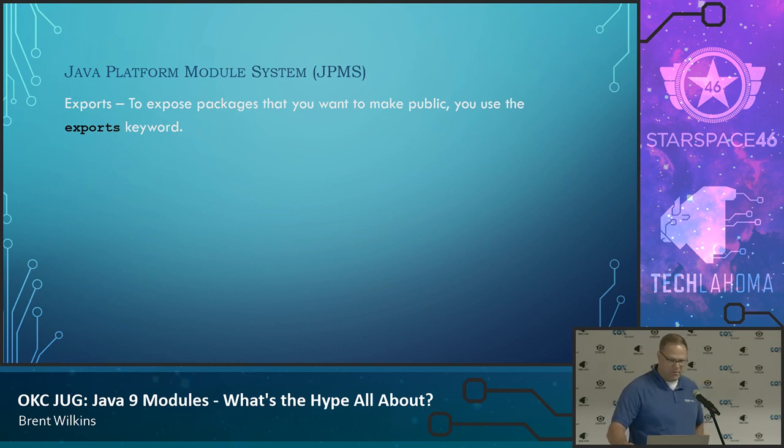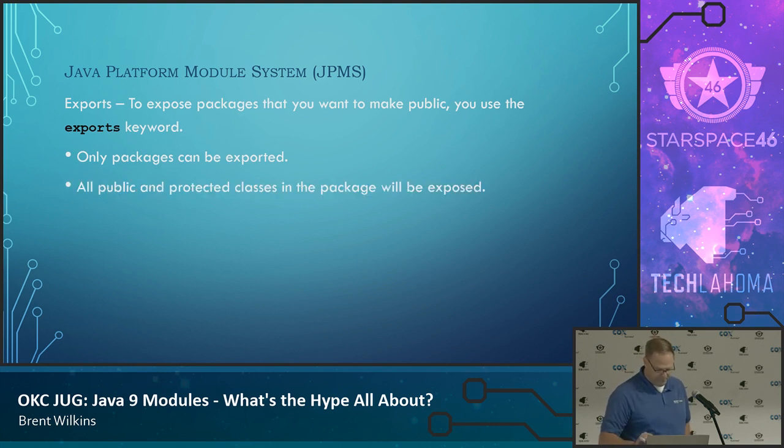Exports. So the second command that you can do within a module-info is exports. This is where you define what packages you are opening up for people to use within your module. So only packages can be exported. All the public and protected classes in that package then will be exposed to be used by whoever's depending upon this module.